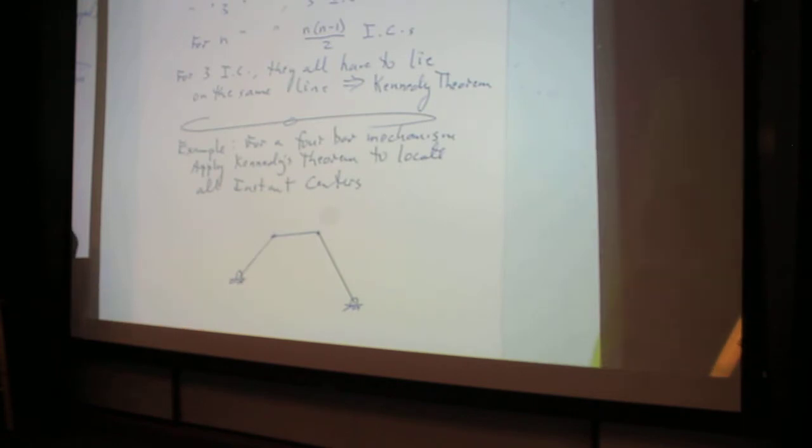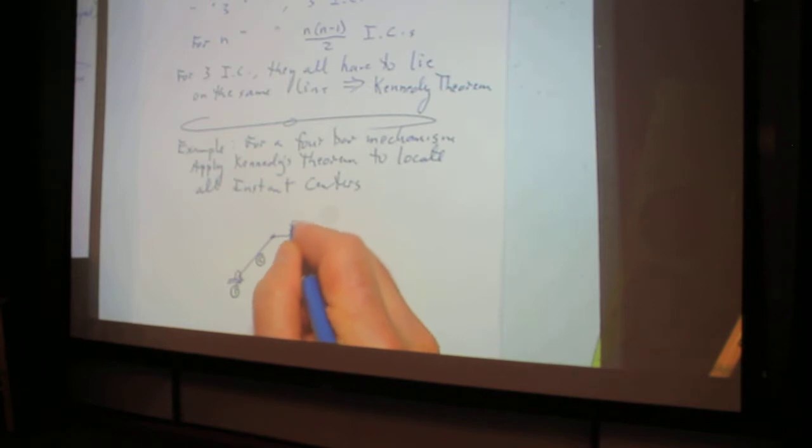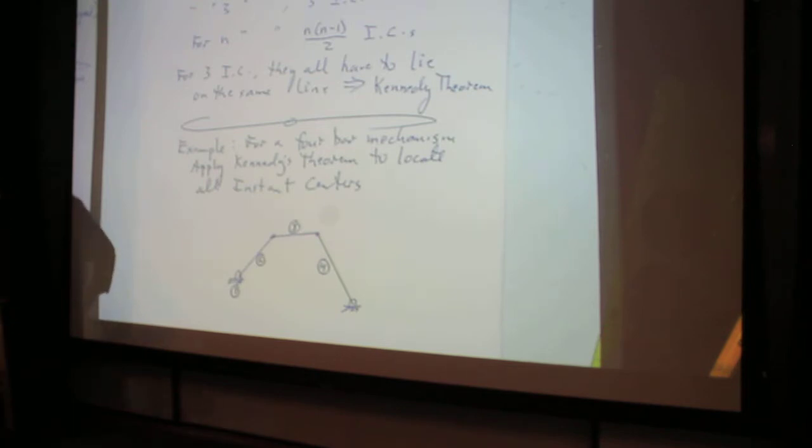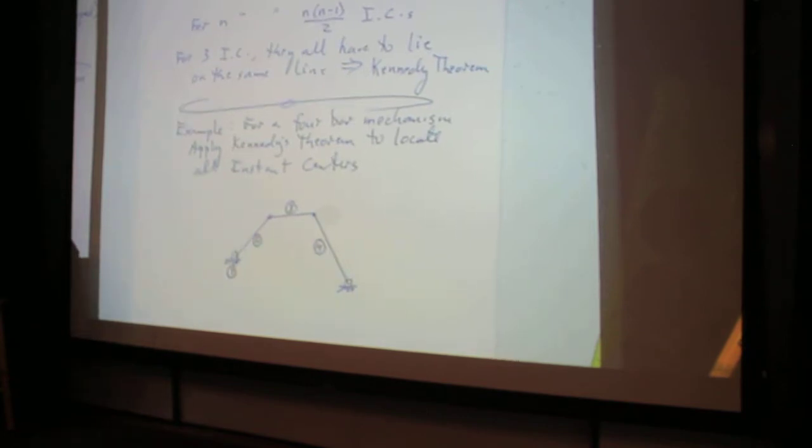Okay. So I have this 4 bar. Let me go ahead and label it. So we got 1, 2, 3, and 4. All right. So what you do is you label the obvious instance centers first. The obvious ones are the easy ones. So let me do those in green.